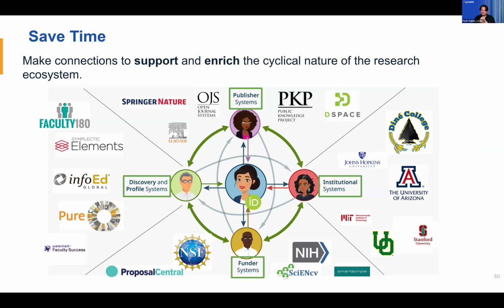So you have that information, and you're at the center of that ecosystem as a researcher. Funding agencies can push information to your ORCID record. They can gather information from your ORCID record. Publishers can do the same thing. So all of this is designed to make it better and easier for you and to save you time as a researcher.